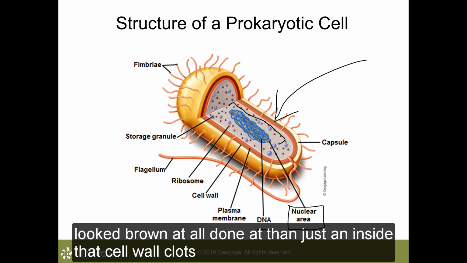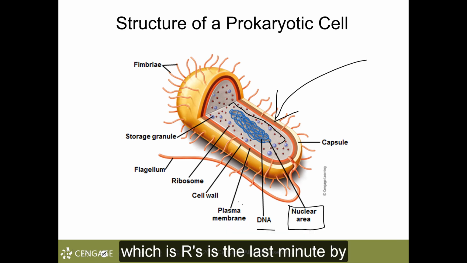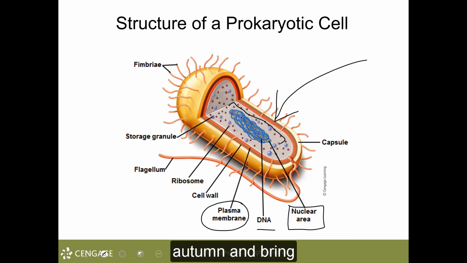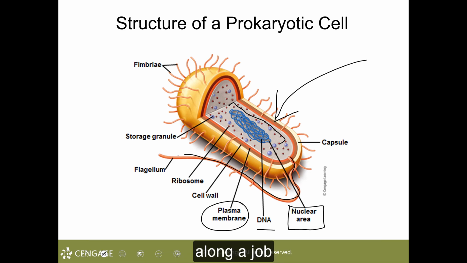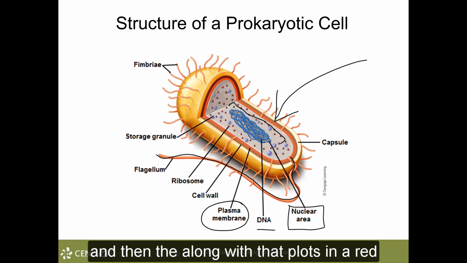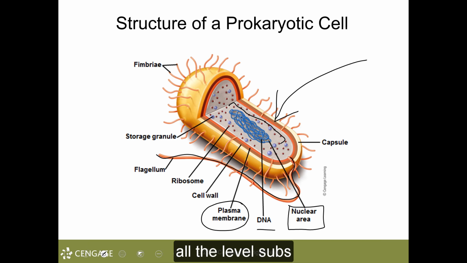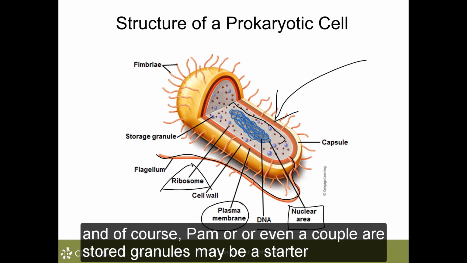And then just inside that cell wall, which is orange, is the plasma membrane. Up next, I think you can definitely see this long flagellum here. I just outlined the flagellum. And along with that, in red, are the ribosomes. And of course, in a kind of purple color are storage granules.